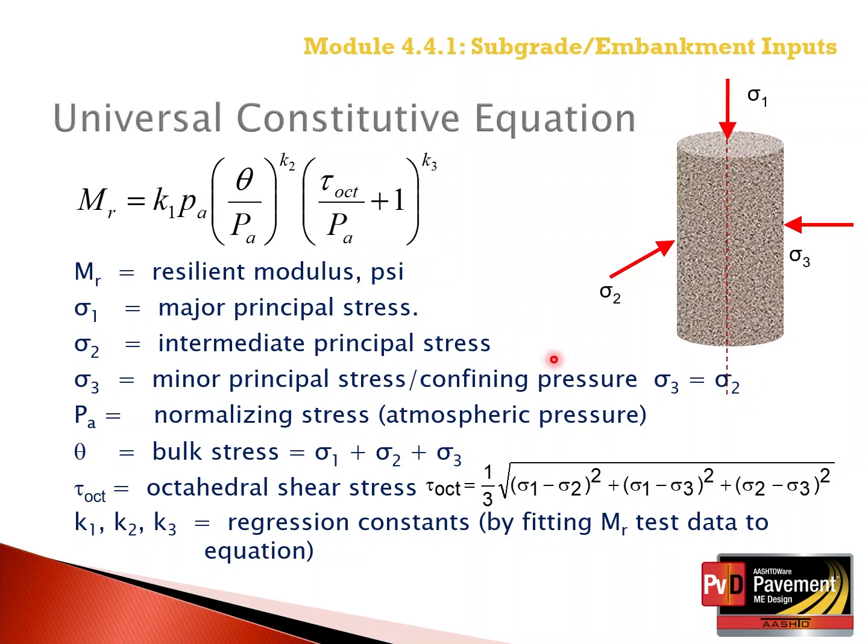However, this version of the software does not include direct input level 1, because you need to determine the resilient modulus that varies both horizontally as well as vertically in the layer. A finite element response program is needed, and that finite element response program was turned off early on in the life of the Pavement ME Design software.